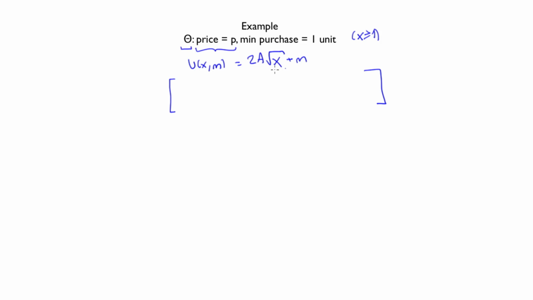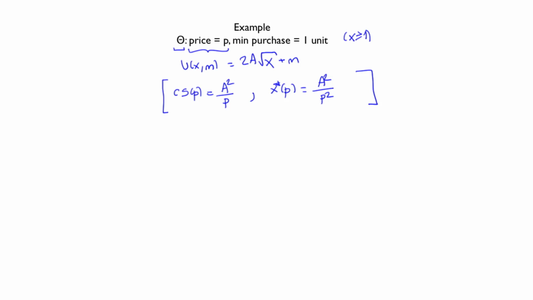We knew that for this example, the consumer surplus at P was given by A squared divided by P. We solved that before, and we also know that X star of P was equal to A squared divided by P squared. So we are going to use that in a second.